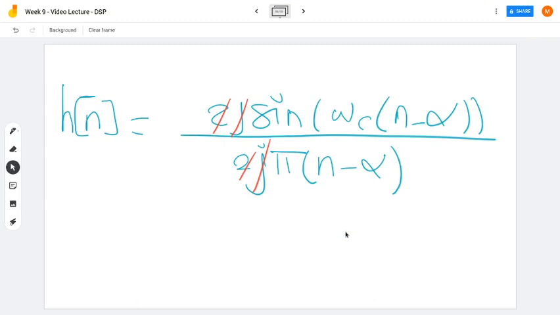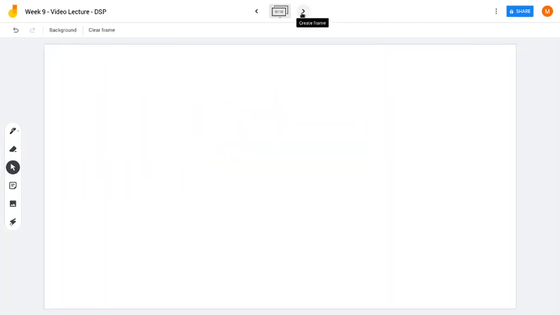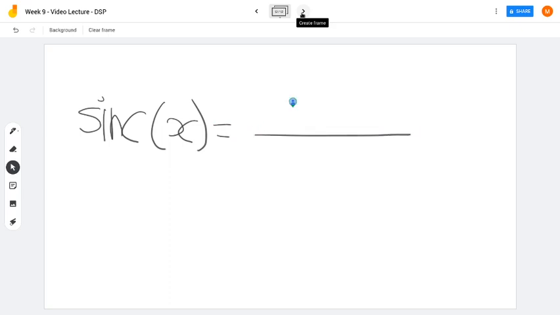Let me remind you of the sinc function over here. So, sinc x is equal to sine pi x over pi x.